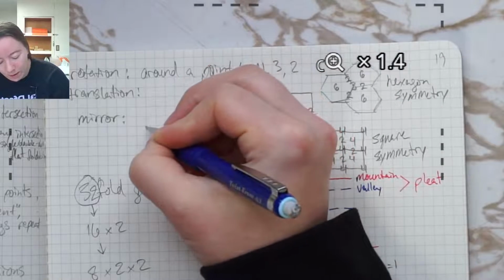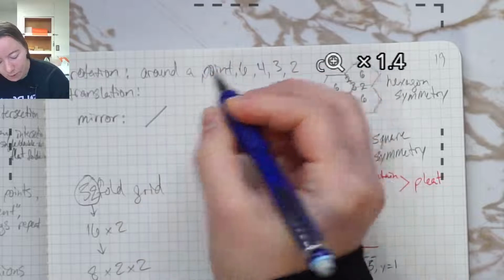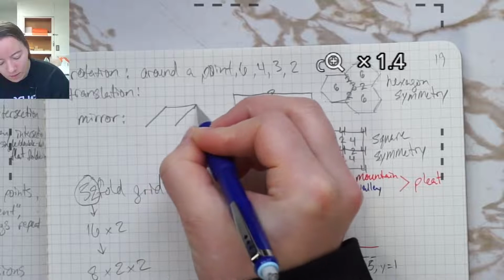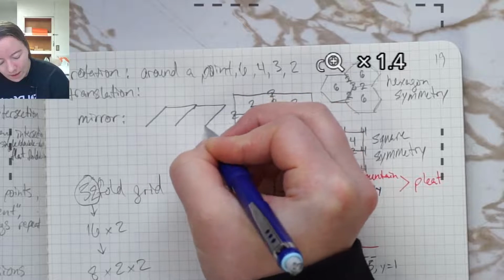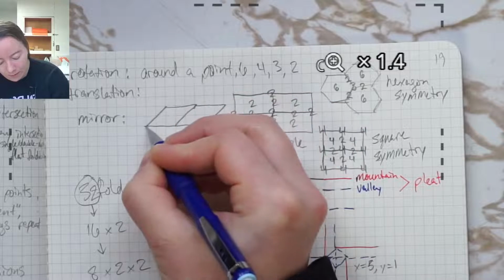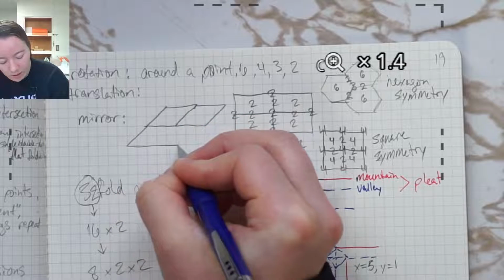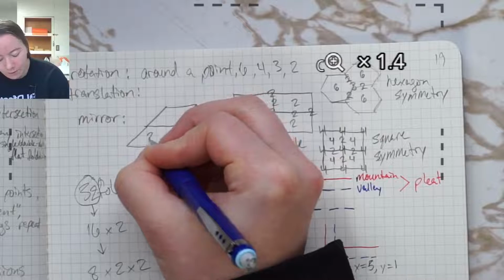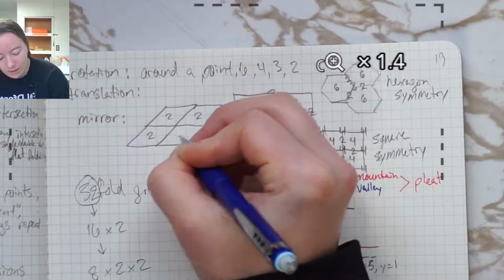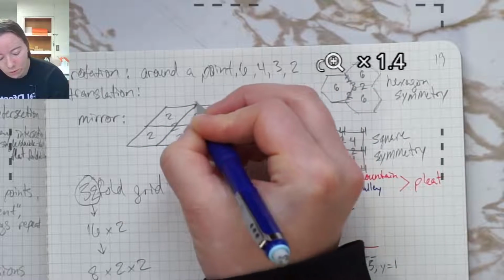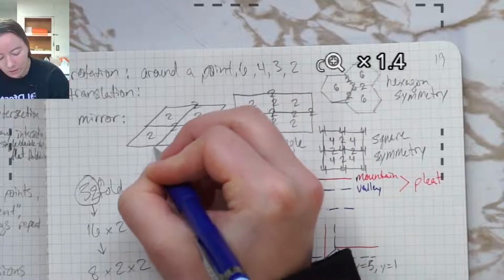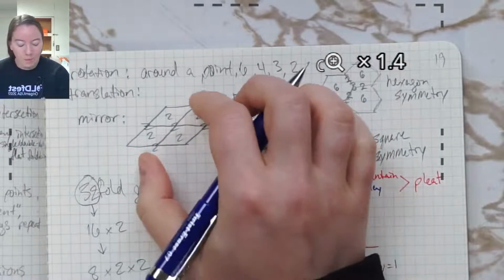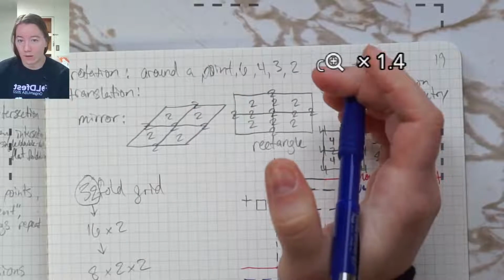What if we say, okay, it's slanted over, do we still have the same kinds of symmetry? And actually, yes, we do. We still have 2 in the center, 2 in the intersections. And in this particular drawing, I don't have short edges and long edges.